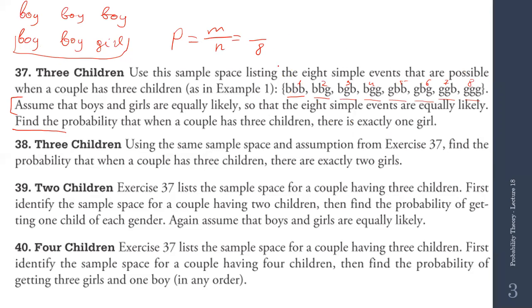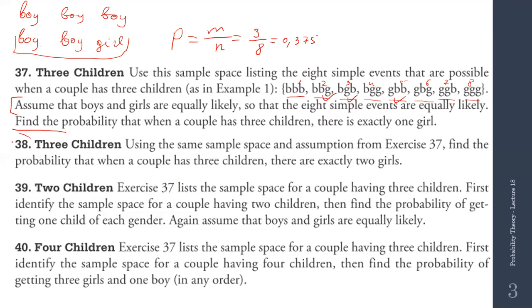And m is the number of cases with exactly 1 girl. Let's choose these: 1, 2, 3. We have three cases. This is the probability. If we divide this, we get 0.375. This is the probability that we were looking for.